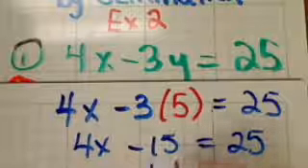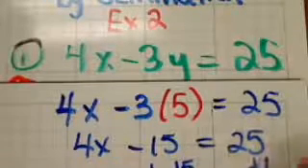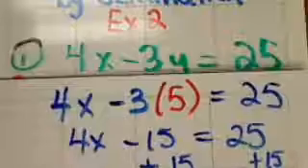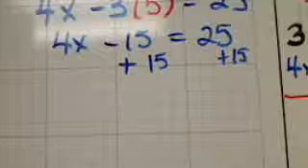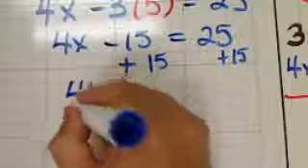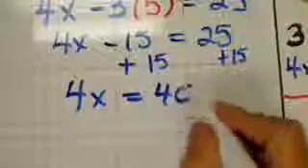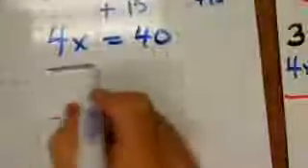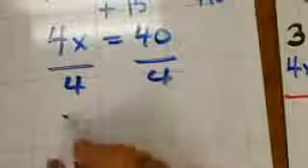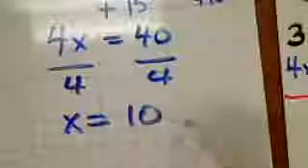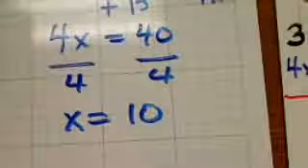Can add 15 to both sides. I will have 4x equals 40. Divide both sides by 4. x is equal to 10. So I've got that nice. That gives me a value for x.